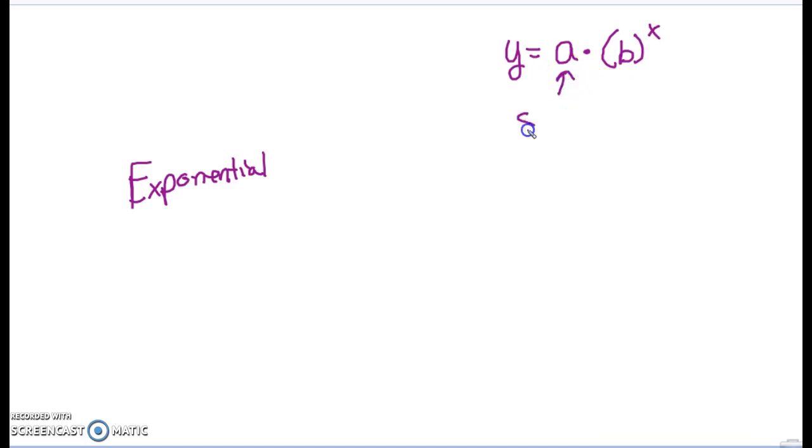Our next page, we want to say something about exponential equations. They are in the form of y equals a times b to the x. We've always got an exponent. This is still our starting point. And b is still what we multiply by each time.